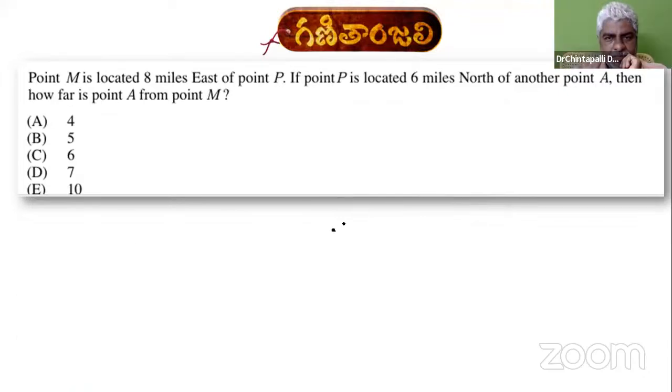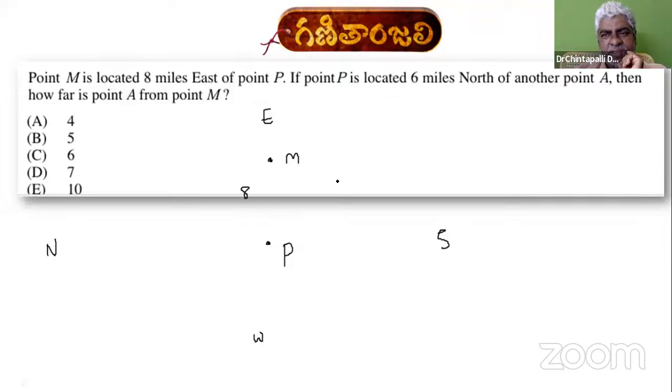Point M is located 8 miles east of point P. So this is point M, 8 miles from P.